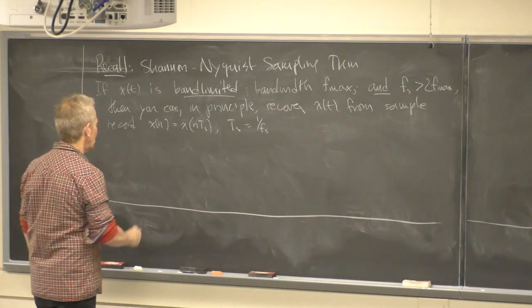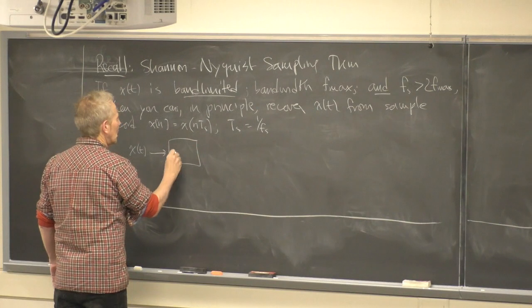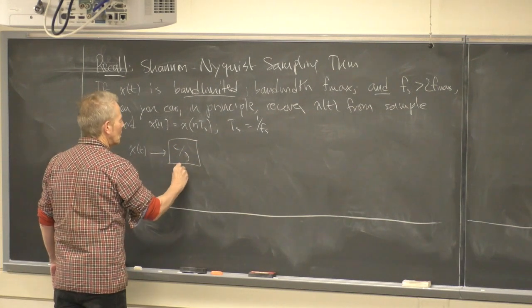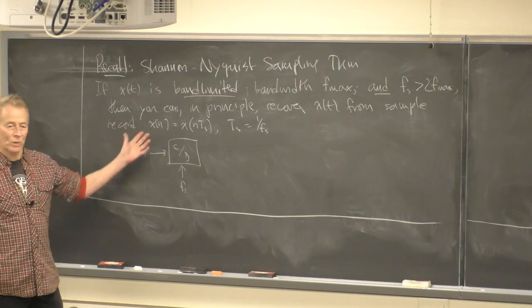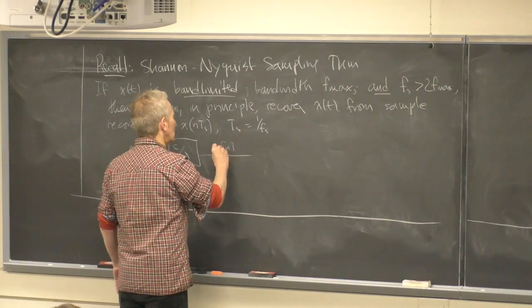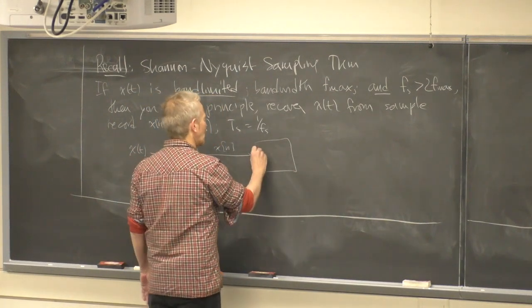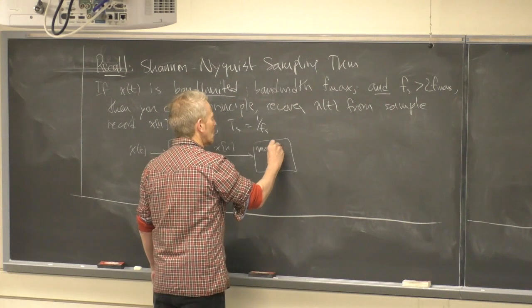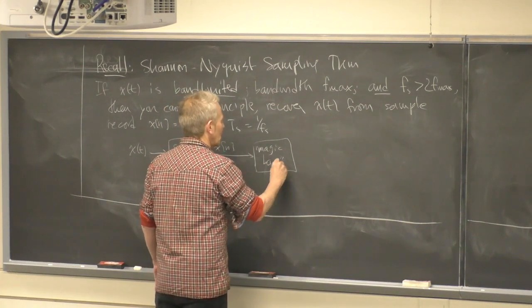Pictorially, this says that if you take x(t) and put it through an ideal C to D with sampling frequency fs, and sometimes we're going to write fs, sometimes Ts, it's the same thing, you get x[n] out of that. You can put it through something that I called a magic box. Today we're going to talk about what's inside the magic box, at least briefly.